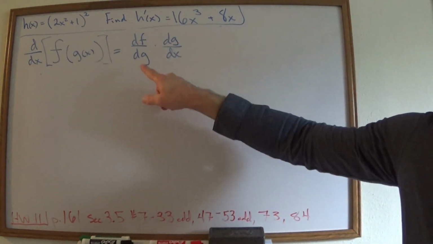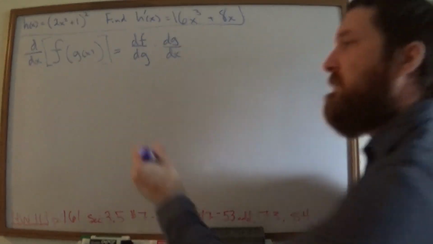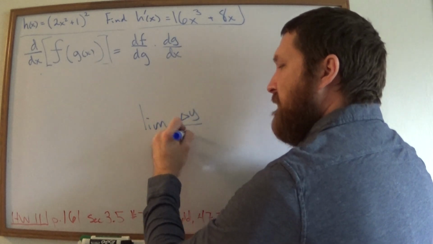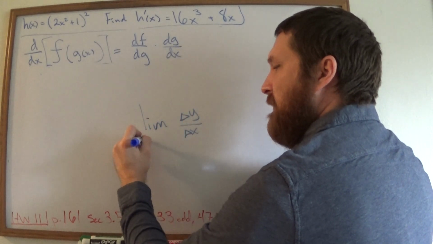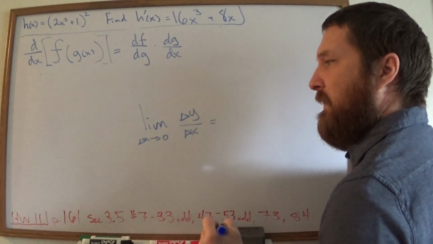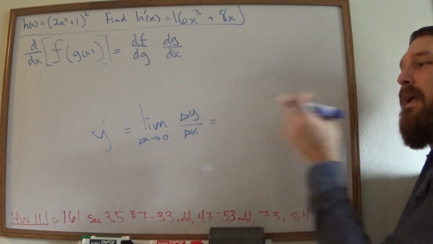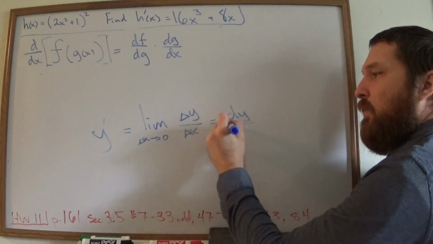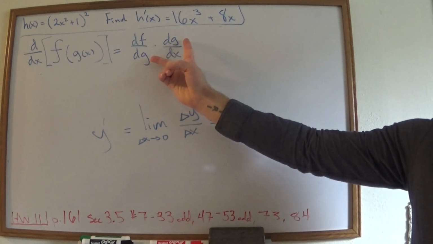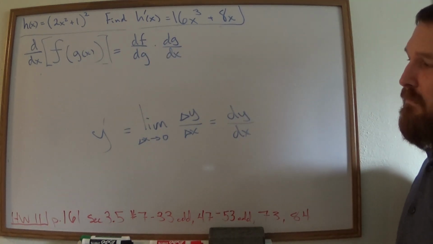And this notation here is very much like the difference quotients that we set up. Because remember the definition of this thing. Normally you have delta y over delta x, and you're taking the limit as delta x goes to 0. That's what y prime is. Another way of writing that is dy dx. But remember we had those different, I just added this g difference in there, and that's what's going on right there.